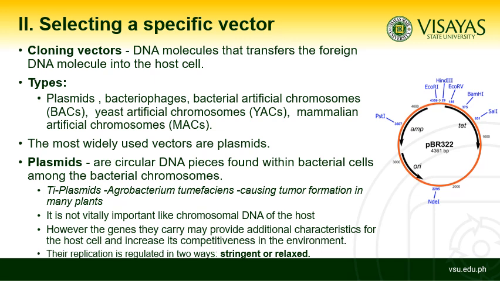And these vir genes, or the virulence genes, encode for products that are responsible for processing and transferring the single-stranded T-DNA. Again, our T-DNA is what causes the tumor formation in our plants, and this T-DNA is carried or transferred with the help of the vir genes.